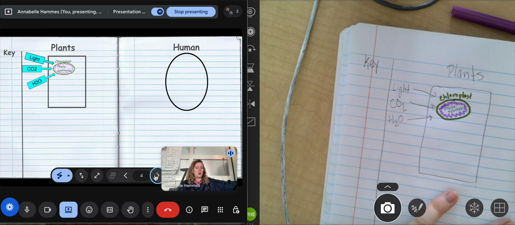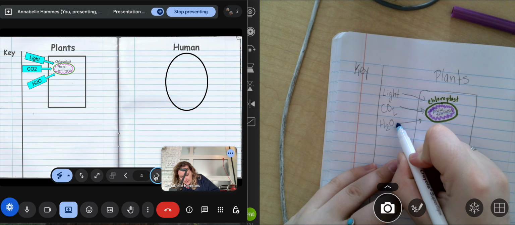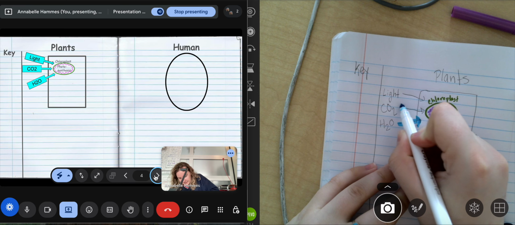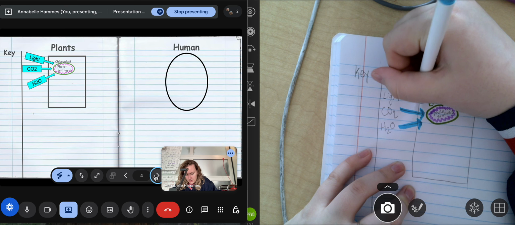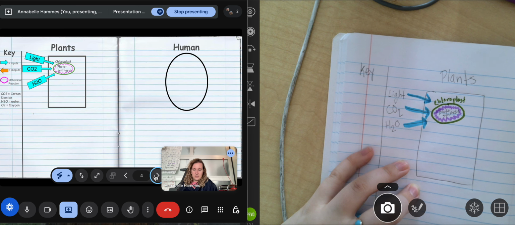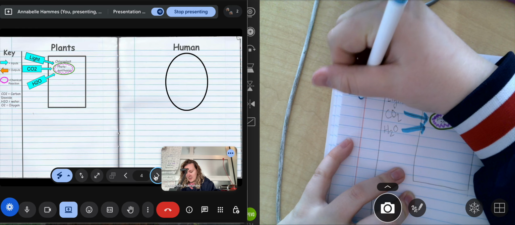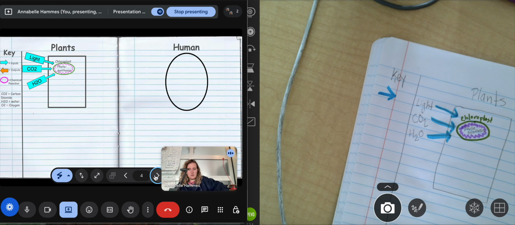And just so we know what our inputs are, we are going to kind of highlight this. Should have done that before. Whoopsie daisies. These are our inputs. Okay, so in our key, we're gonna do blue as our inputs.